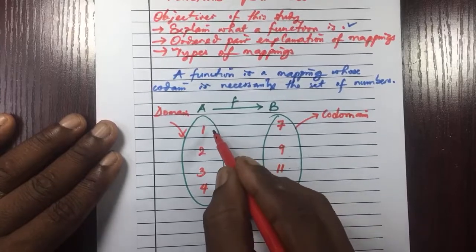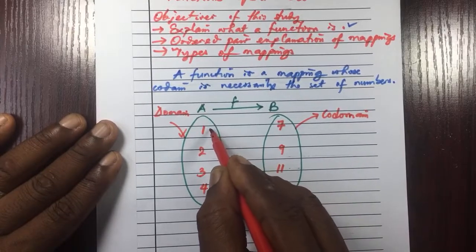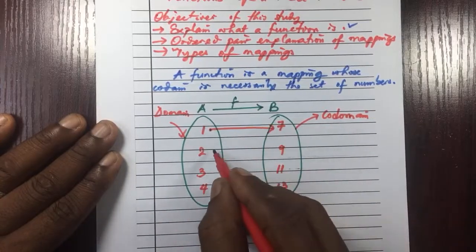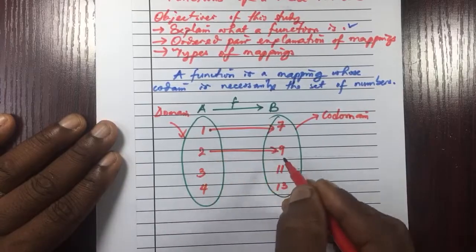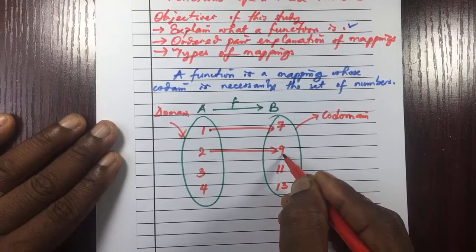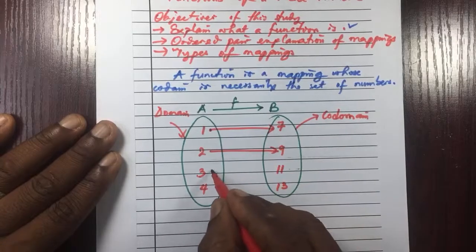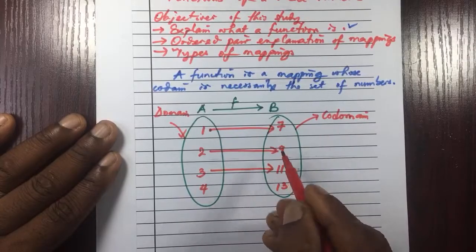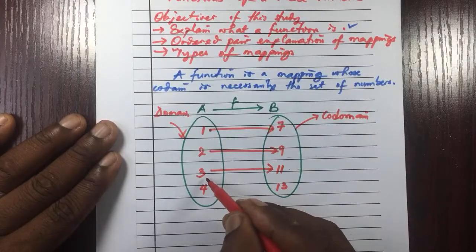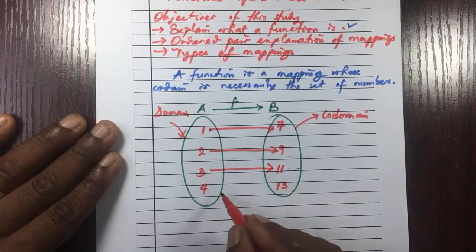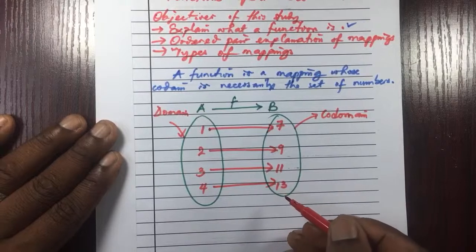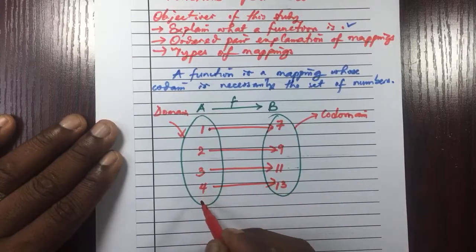Now, if I assign the element 1 a unique element from B, 7, and I assign the element 2 a unique element from the codomain, 9, and I do the same thing for 11, assigning an element 11 from the codomain to an element 3 from the domain, and I do that also assigning 13 a unique element in B to 4, an element in the codomain.